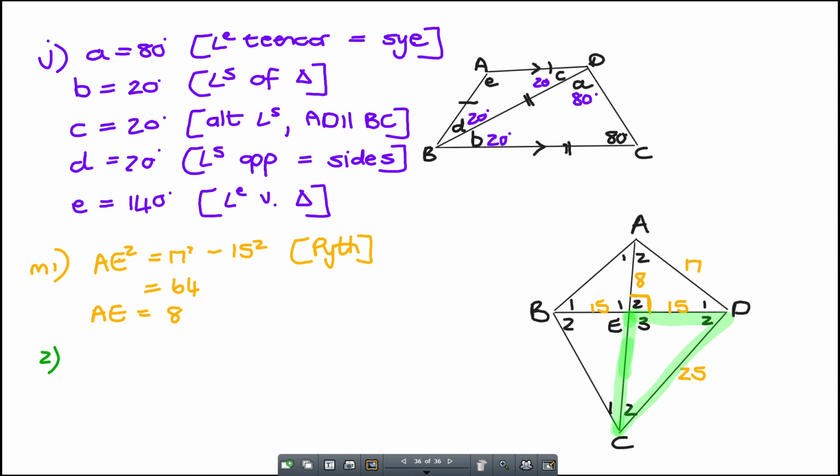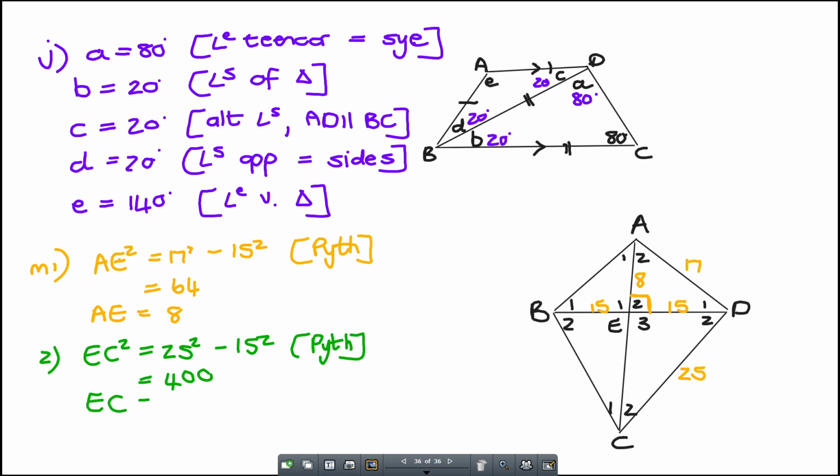So EC squared will be 25 squared minus 15 squared. Pythagoras. Geef my 400, which means that EC is 20.